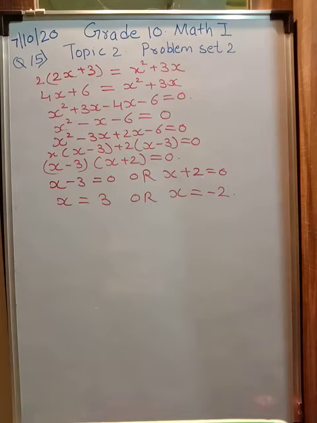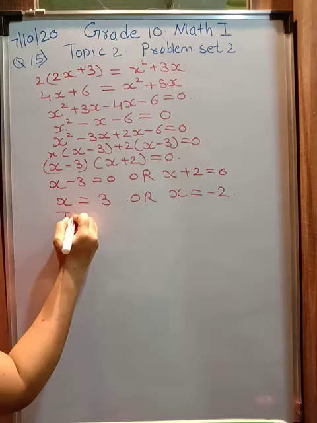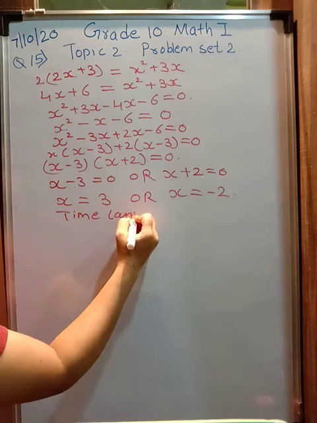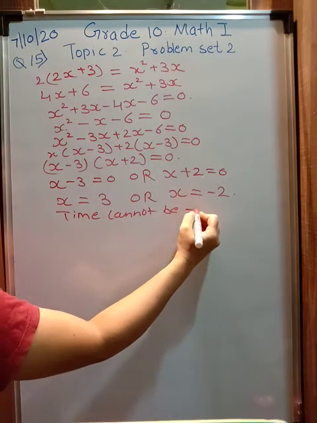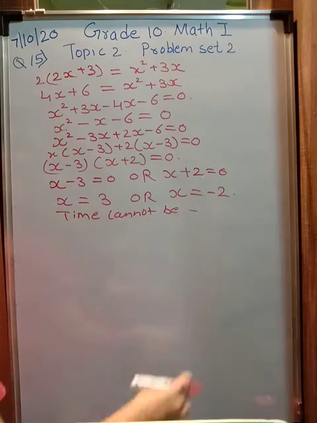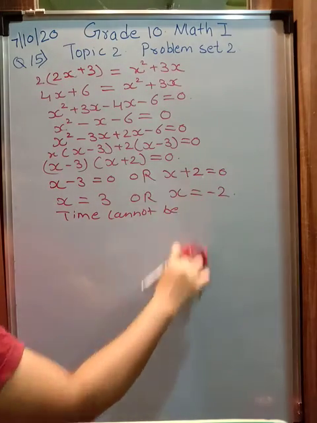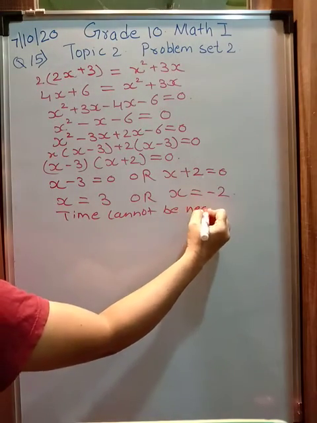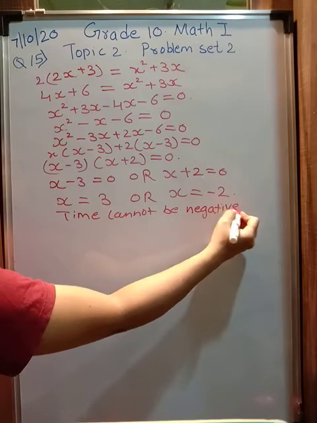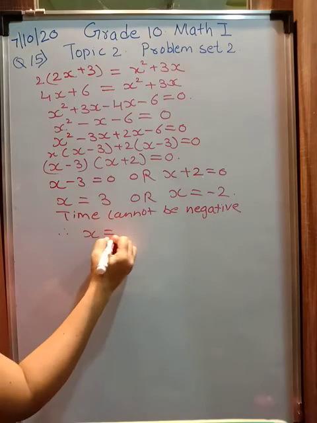But the time cannot be negative, no? x is what we have supposed, x hours, the time required for the larger tap to fill, isn't it? So time cannot be negative. Therefore, x is equal to 3.